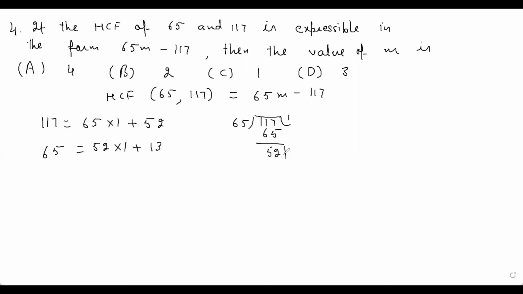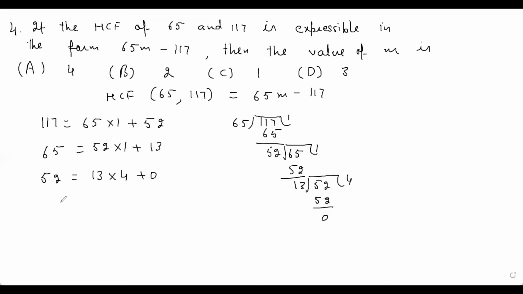Again, if you find it difficult, you can do it like this. 13 is the remainder. Now 52 is the dividend, 13 is the divisor, into 4 plus 0. Now it's easy to calculate, but again, if you find it difficult, you can do it like this. 0 is the remainder.